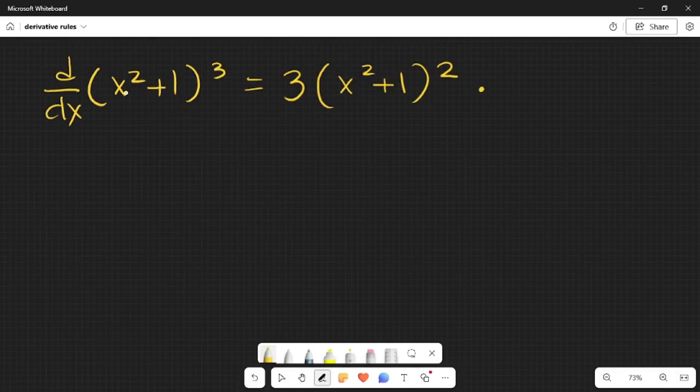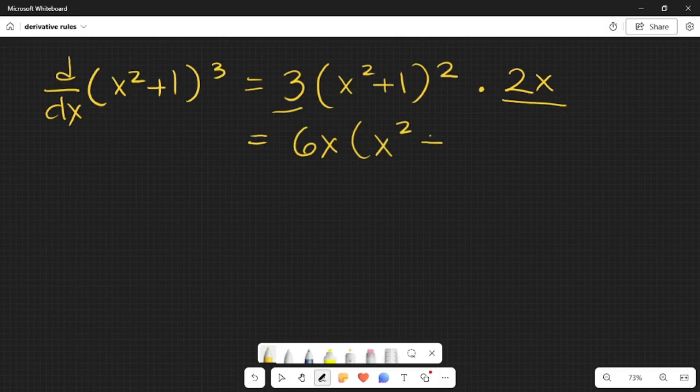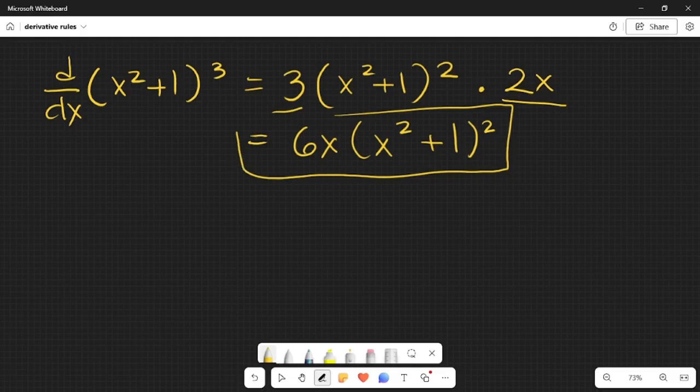The derivative of x squared is 2x. Derivative of 1 is 0, so we can just disregard it. We can multiply 2x and 3. It would be 6x. And then we're just going to copy the rest of it, and then it would be fully simplified. And this is the final answer.